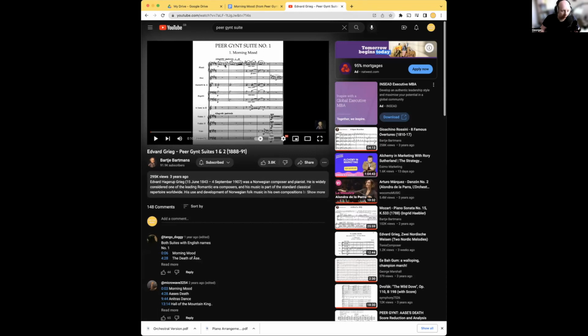If we just look at the score alone, because we know it, we can piece it together, and that will reinforce reading with audiation. So if we go on to another score we're less familiar with, we might be able to imagine the sound in our minds by looking at the notes on the page. So that's something we'd do before. We've done it, and again, this is quite a well-known piece, which is handy so we can imagine what we see in our heads as well.